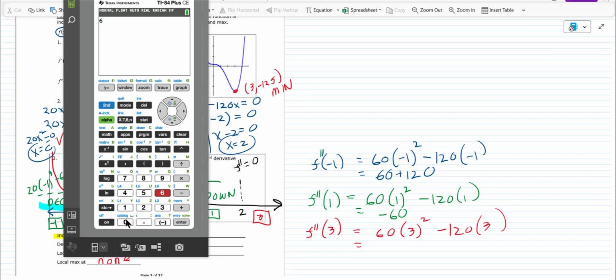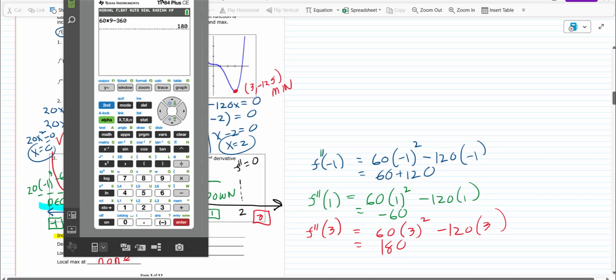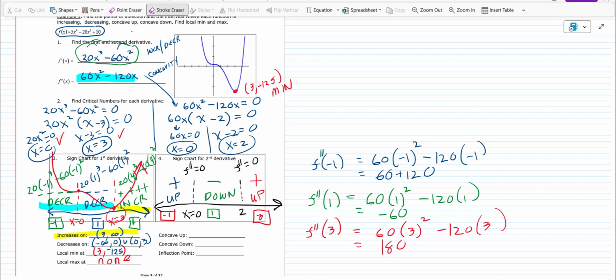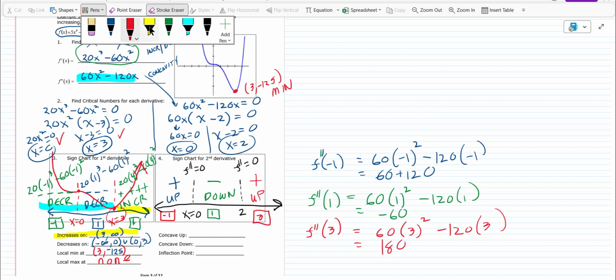So that would be 60 times 9, which I know 3 squared is 9, and then minus 120 times 3, which is 360. You should get a positive on that again. So that goes back to positive. That means we're concave up. It's the same thing: you're doing sign charts, but the second derivative analyzes concavity for you.